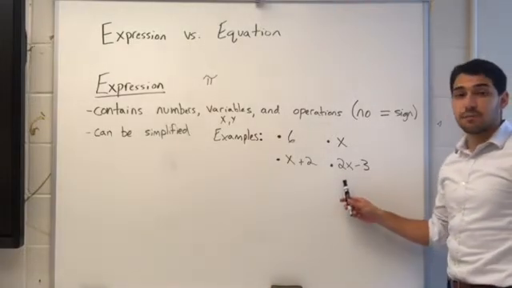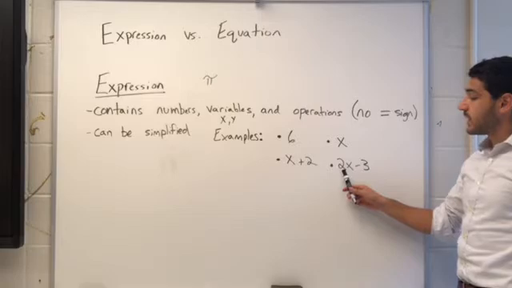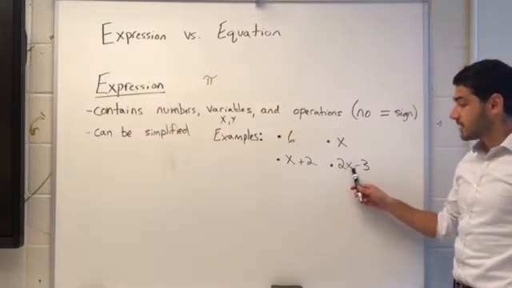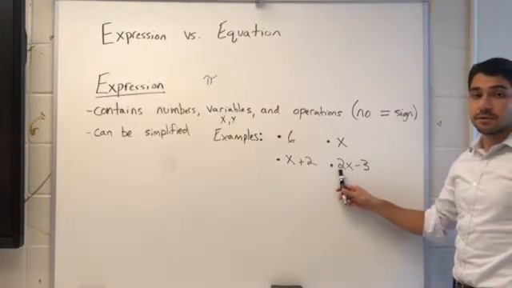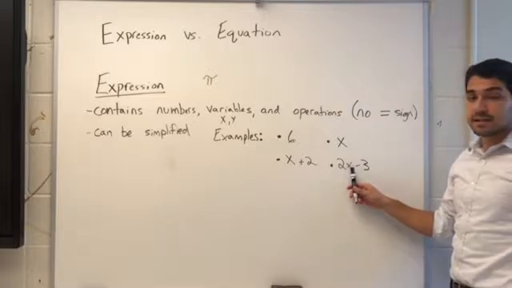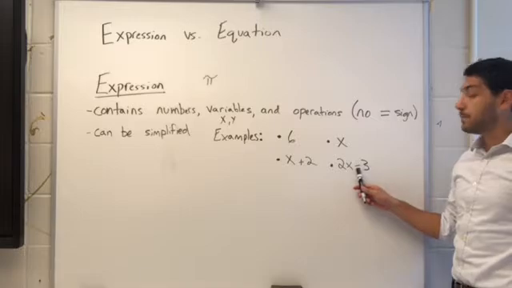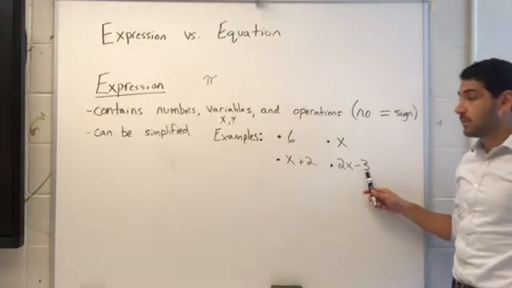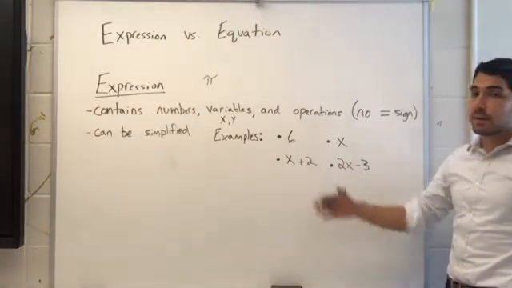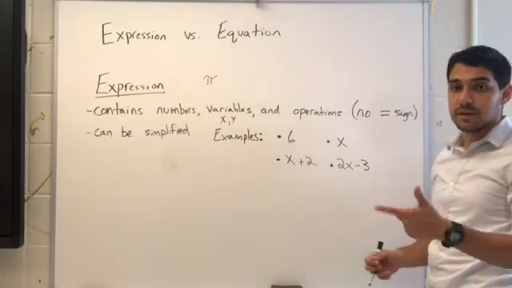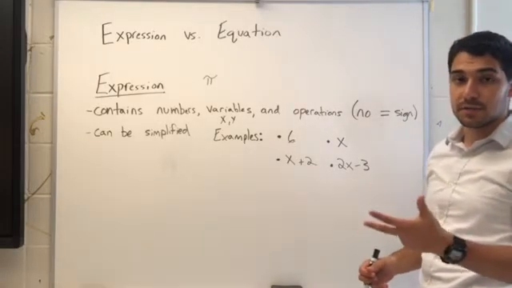And we can also have more than one operation. We can have an expression like 2x minus 3. This is the number 2, the variable x, and the operation of multiplication between them, the operation of subtraction, and then the number 3. So it's just some combination of numbers, variables, and operations to get an expression, and no equal sign.